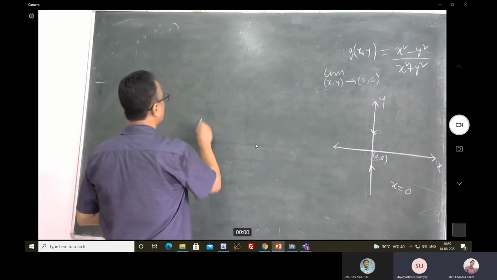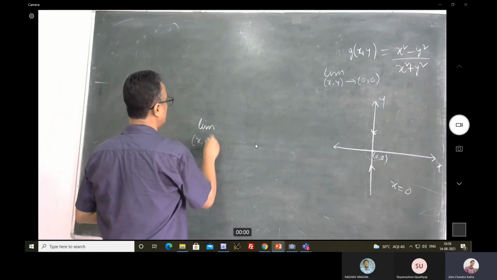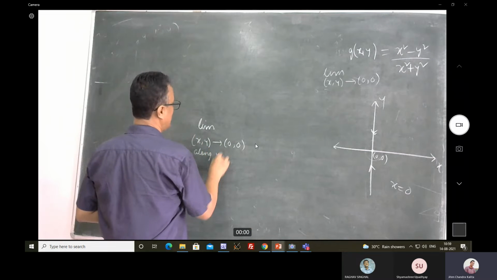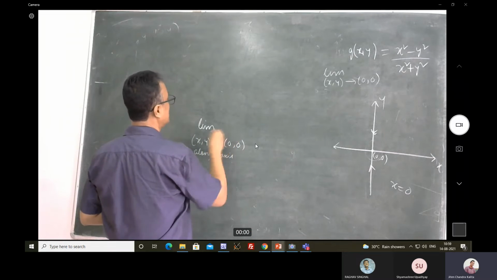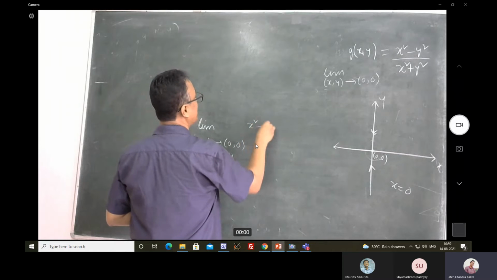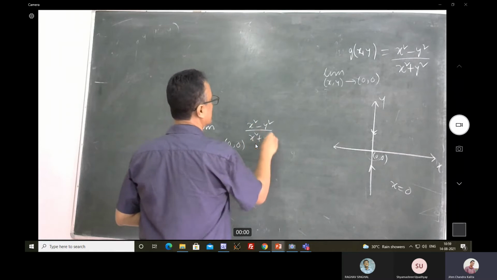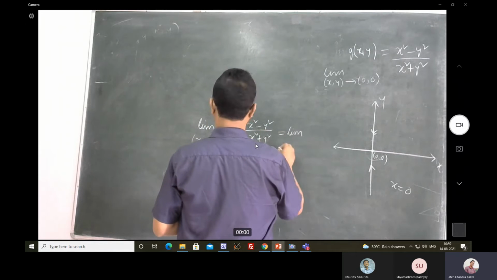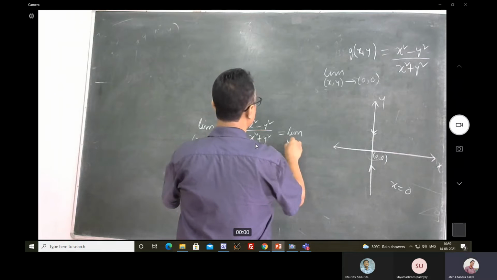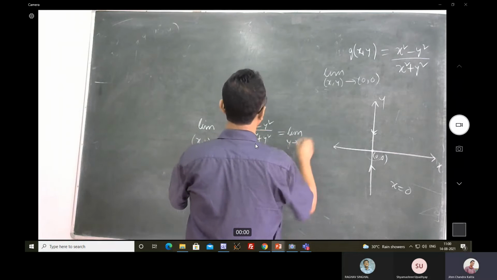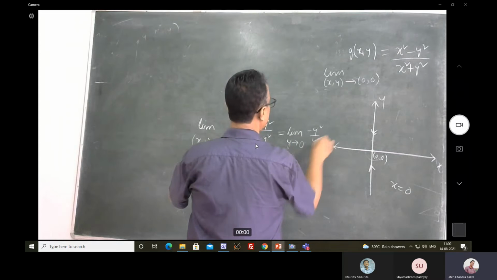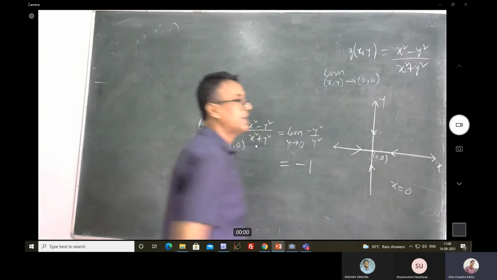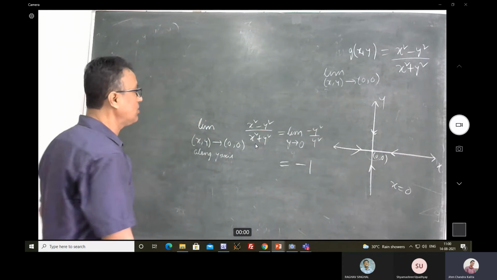Fine. I would like to approach (0,0) along the y-axis. So then this is x squared minus y squared over x squared plus y squared. Because x is equal to 0, I can write that limit as limit y tends to 0 of minus y squared by y squared, and this is equal to minus 1, right? Similarly, I can make (x,y) approach the origin along the x-axis also.